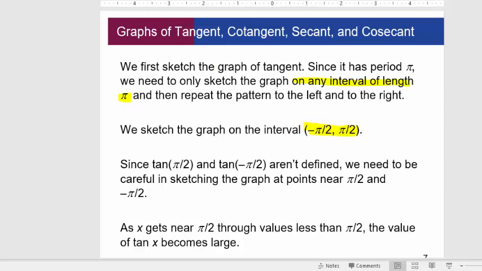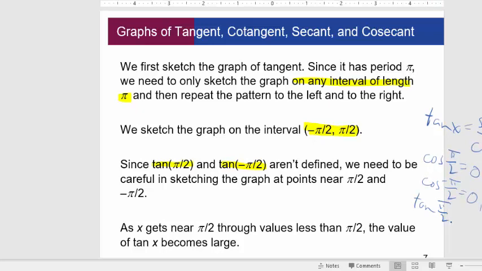And the reason for this is that the tangent of pi over 2 and the tangent of negative pi over 2 aren't defined. And why is that true? Because remember what tangent was. The definition of the tangent was that it was the sine divided by the cosine. And what happens at pi over 2 and negative pi over 2? The cosine of pi over 2 equals 0, and the cosine of negative pi over 2 equals 0.